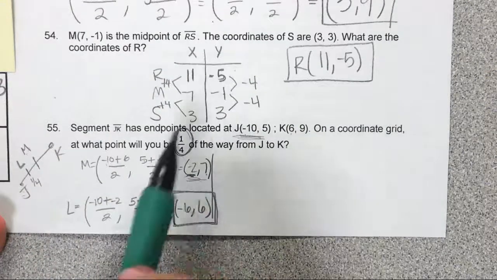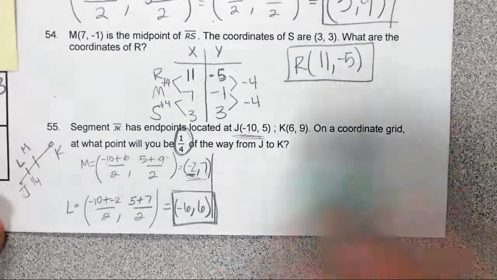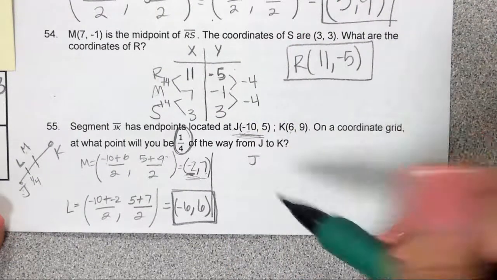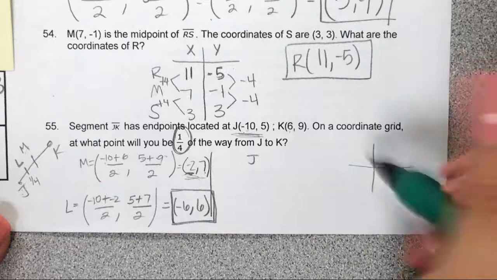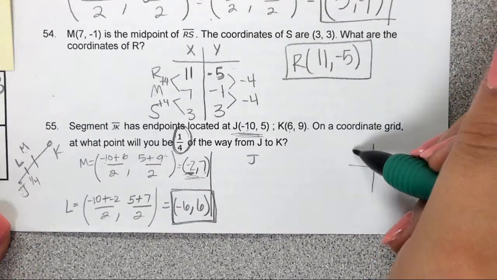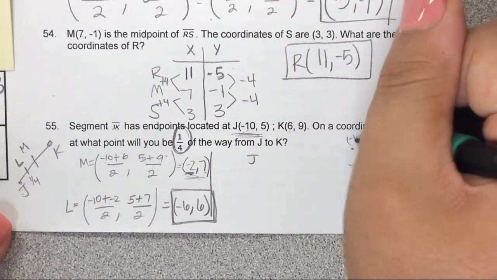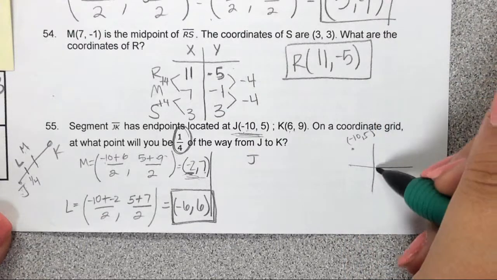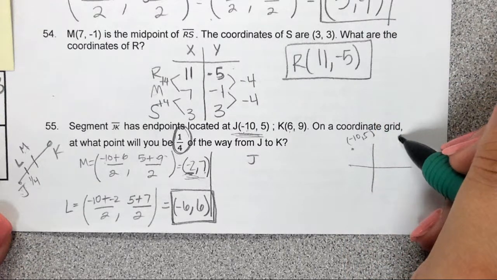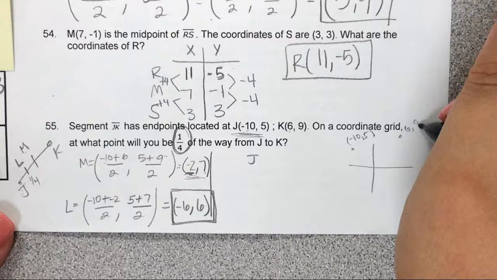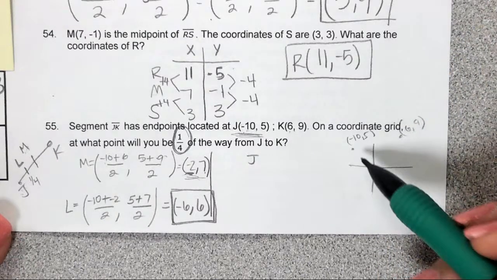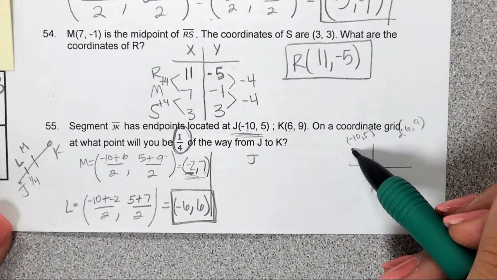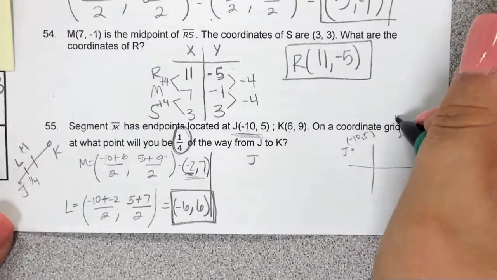Okay, the other way is if I'm going from J to K. J is my beginning, right? Real quick, if I were on a graph and I were at negative 10, 5, I'm just going to put it right here, and I were at 6, 9 over here. How much would I have to rise from J to K?